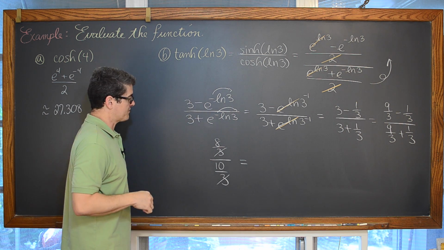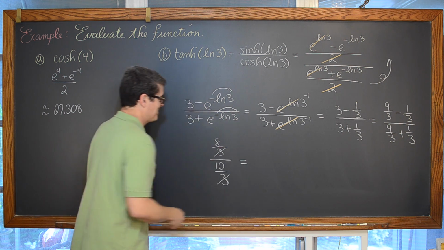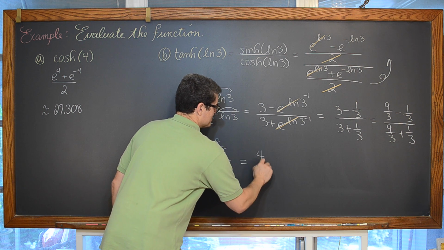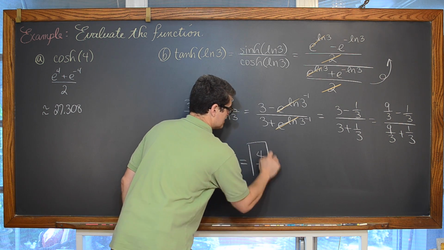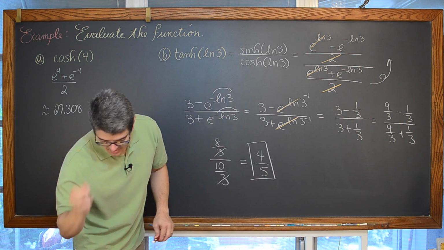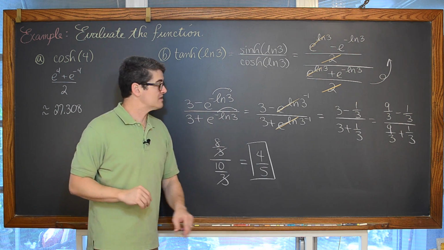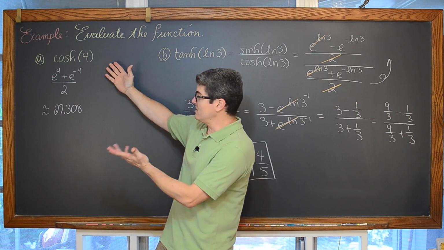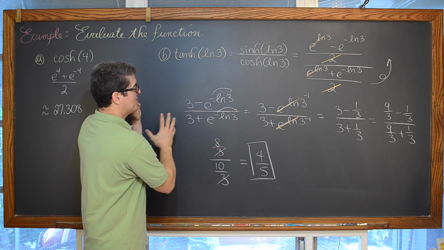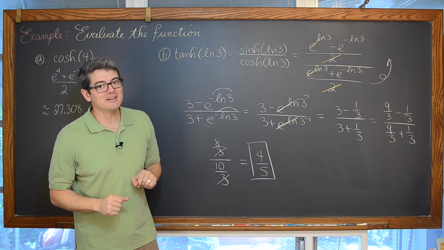Those denominators of 3 in the numerator and denominator cancel out. We have 8 over 10, which of course reduces to 4/5. And just let me check my answer before moving on. That is how you evaluate, nothing exciting, just with a calculator and with our brains, evaluating hyperbolic functions.